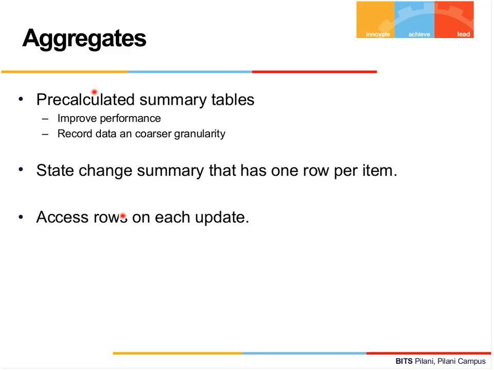So aggregates, we're going to talk about extensively in our coming lectures, but always remember we are not stopping our analysis at the fact table level. We are going to build aggregates. So why do we build aggregates? We build aggregates to improve performance, and because of granularity. Sometimes you have gone too deep, with too much low-level granularity in your fact table, so that you don't lose any of the business flexibility.